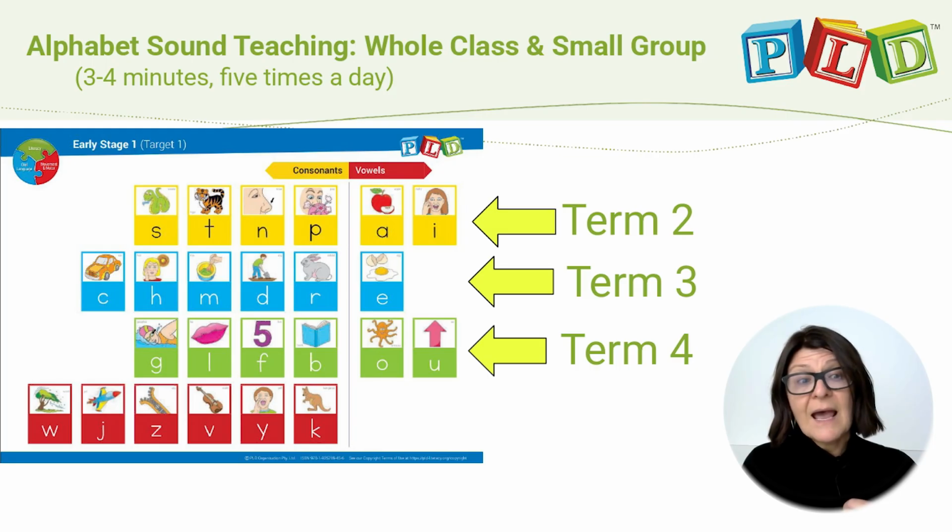So here's our full year progression and our goals to get through the alphabet, or as much of that alphabet as possible, by the conclusion of the year and over a 3-term period of time.